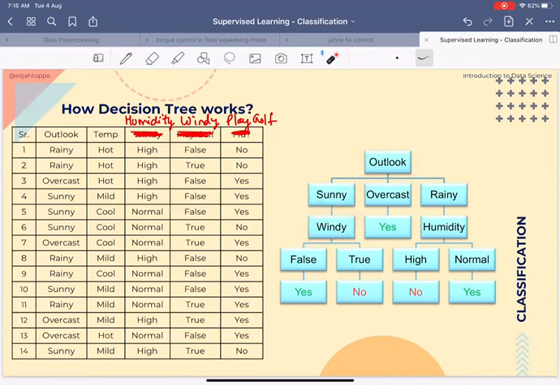Can you try to guess how we would go about creating a tree structure out of the table? Or what could be the factors which are important, or which we should think are important, to be able to create this tree? Any ideas?